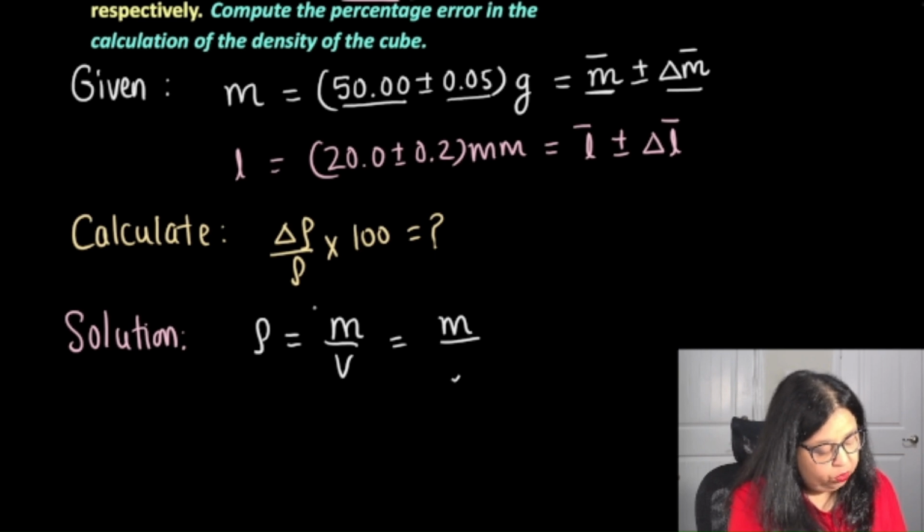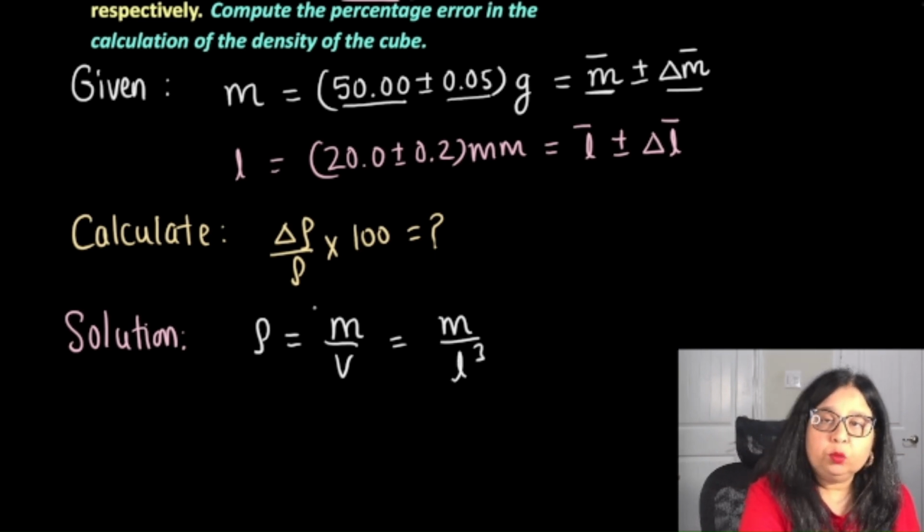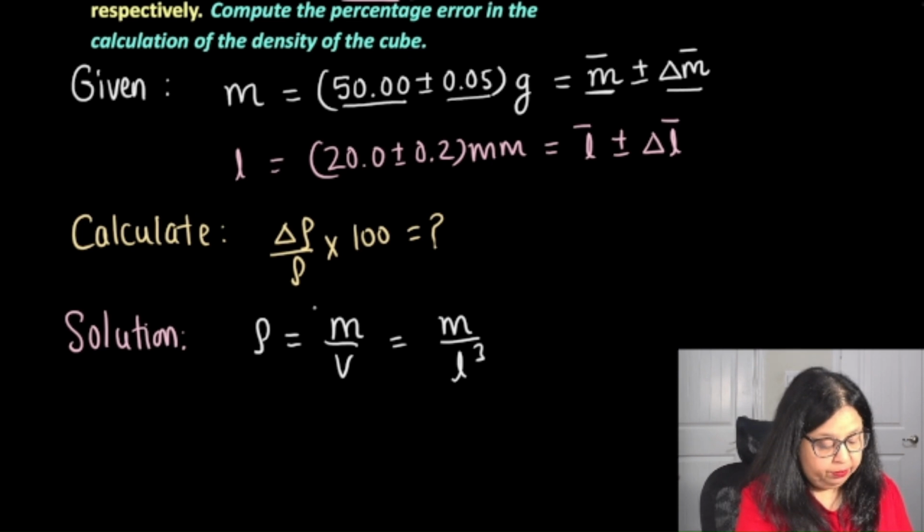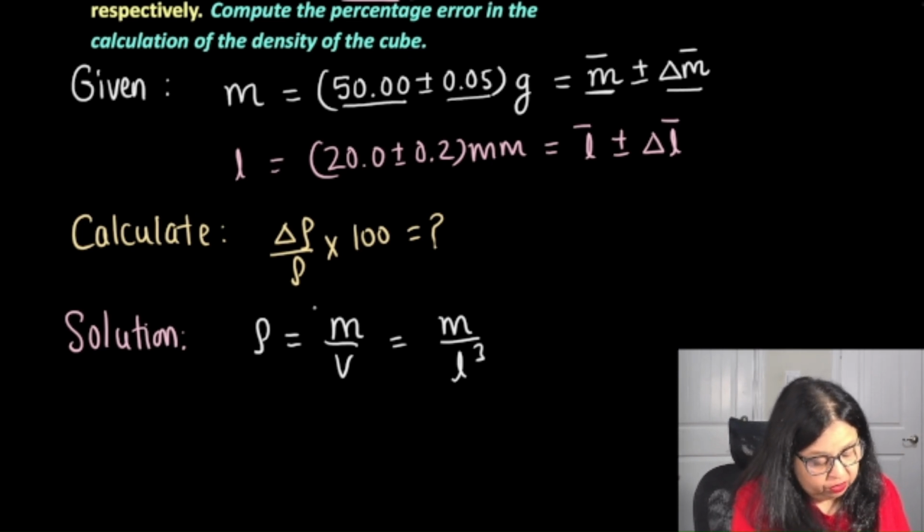And the volume of a cube is L cubed, where L is the edge length. Now we are asked to determine the percentage error in rho.